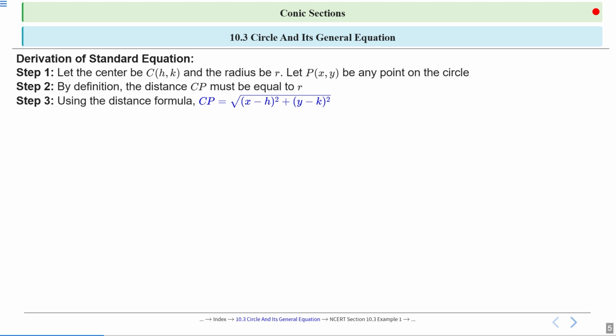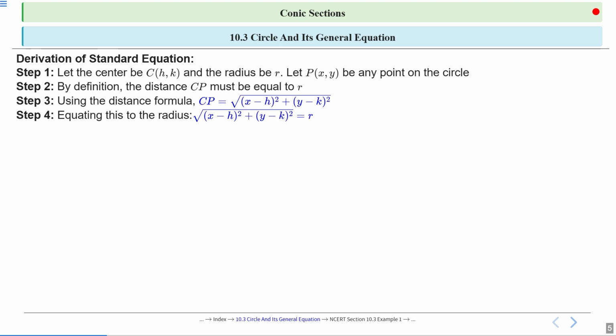So using the distance formula, the distance CP is equal to the square root of (x minus h) whole square plus (y minus k) whole square. This is the distance between the point C(h, k) and the point P(x, y).